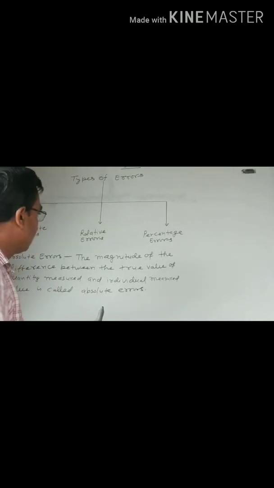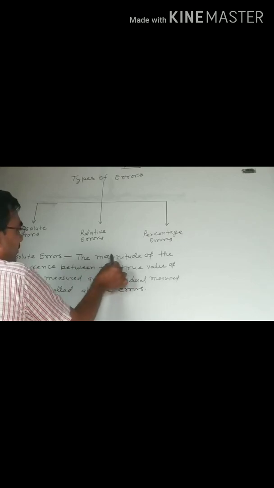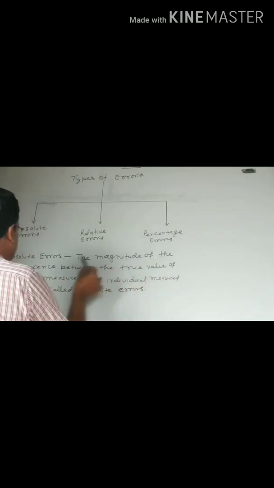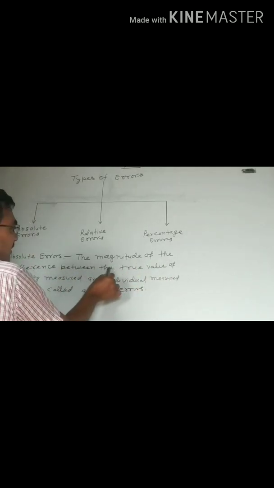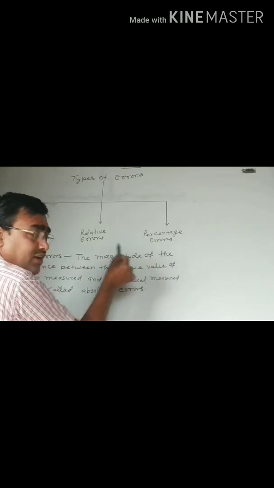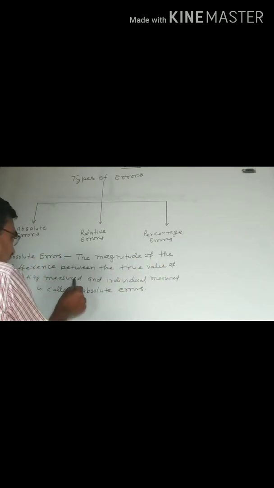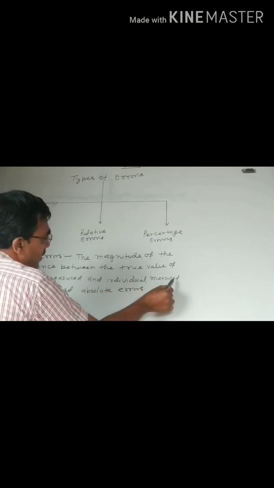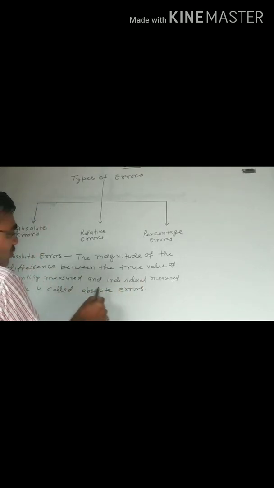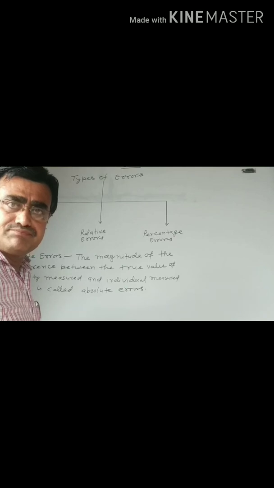Again we repeat. The magnitude of the difference between the true value of the quantity measured and the individual measured value is called absolute error. Okay.